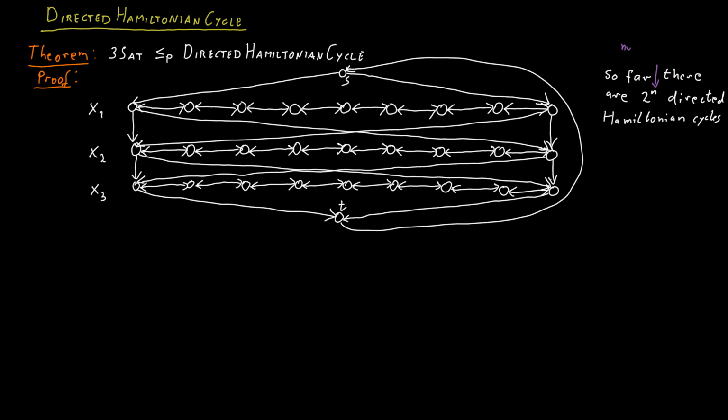So if our Boolean formula has n variables, then we would have 2 to the n different directed Hamiltonian cycles, because we would have n lines. And for each line, we can decide independently of the others whether we want to go from left to right or right to left. But this is really the only choice we have, so there are no further directed cycles here.